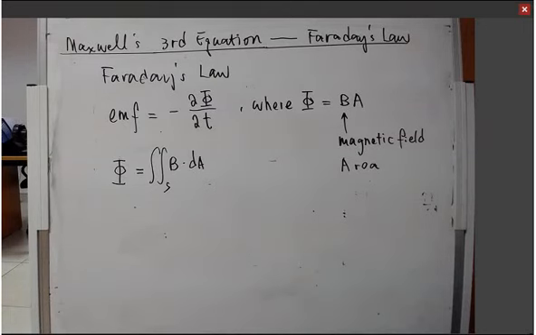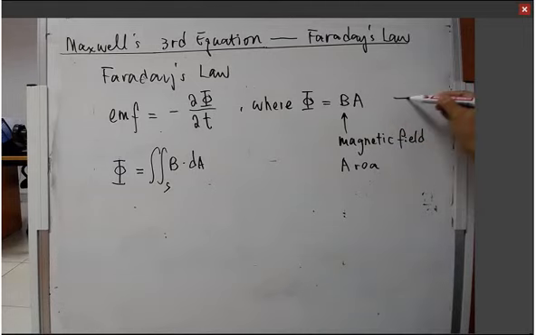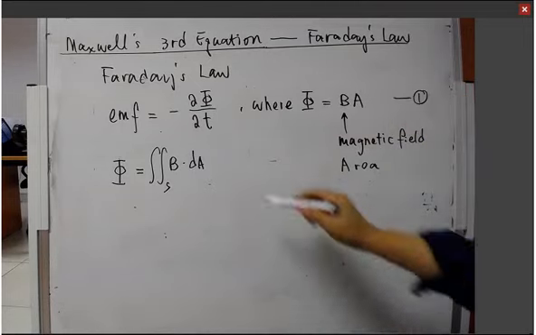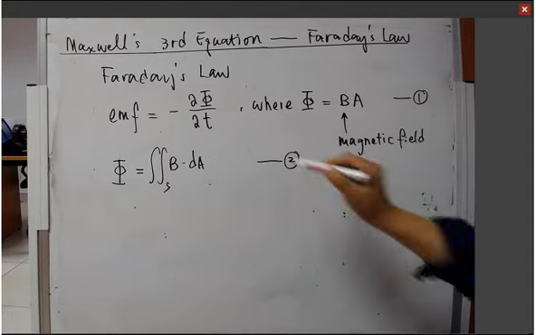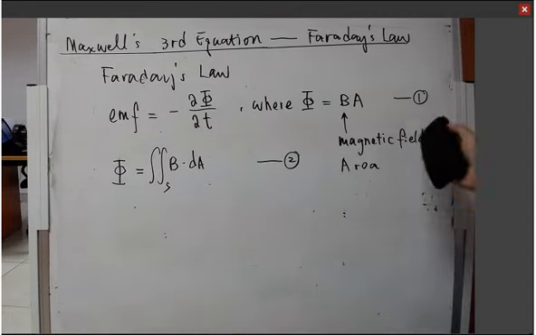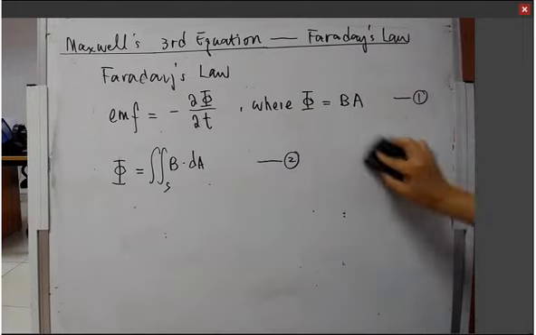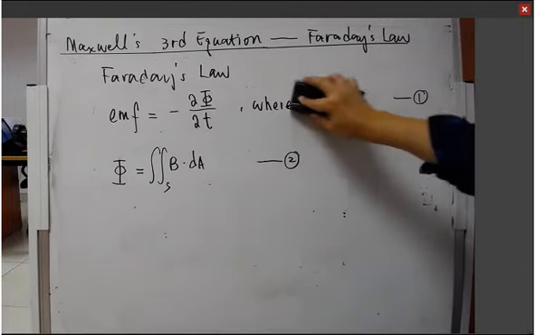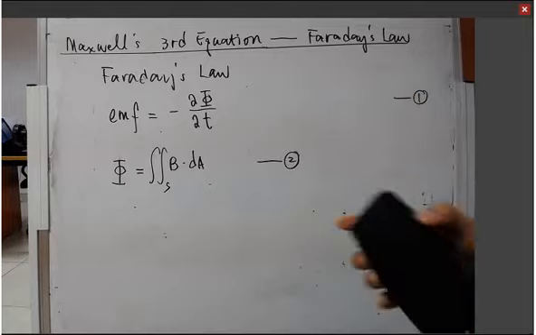Let's label the first equation as equation 1, and we have the second equation here, and we don't need the earlier definition. That definition is not correct if B is a variable.